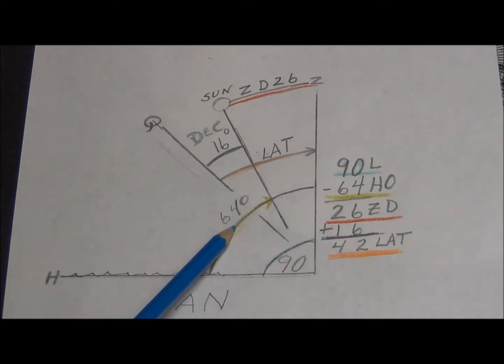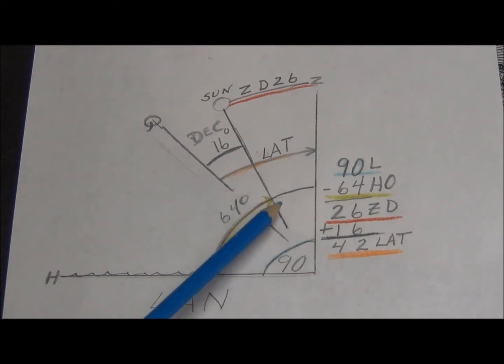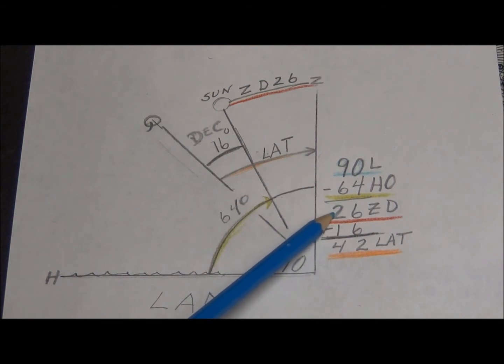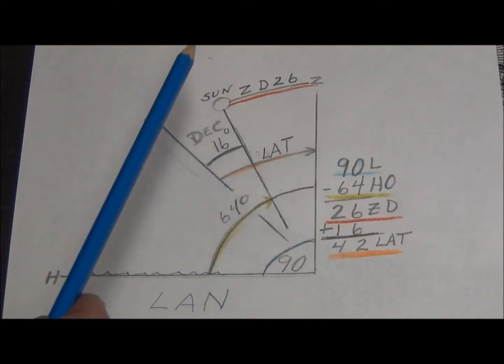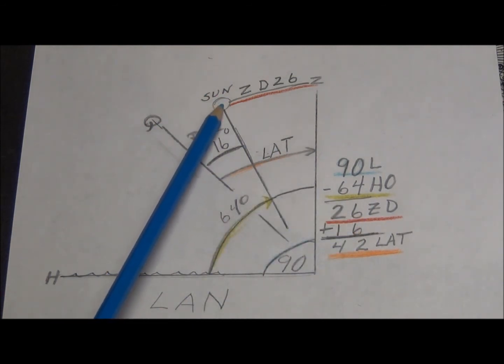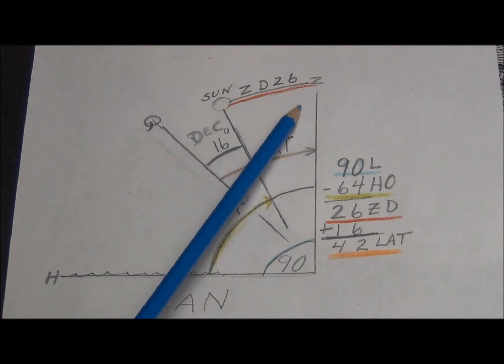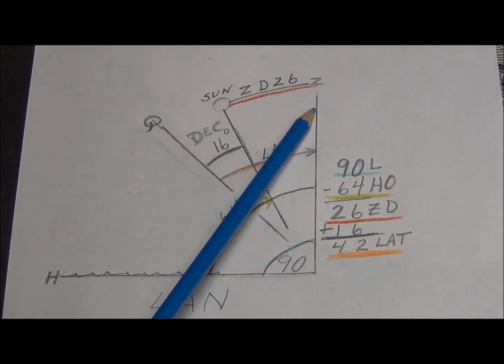That makes the problem easy. So you end up with 26 degrees. That's known as zenith distance. Zenith distance is from the sun to over your head.